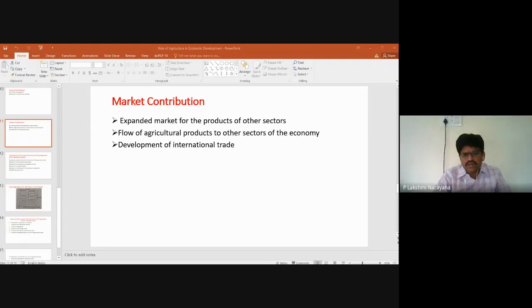Agriculture sector, while helping the development of other sectors, also finds the income of its people increasing. This increased income in turn leads to an additional demand for the products of other sectors, not only for consumption purposes but also for production.